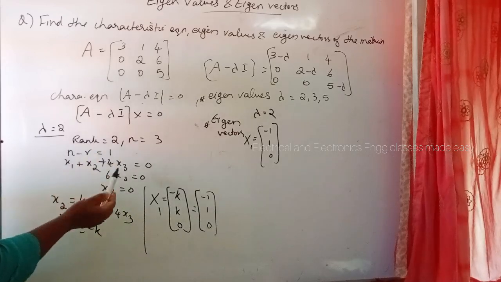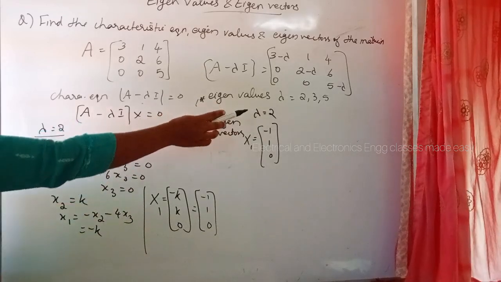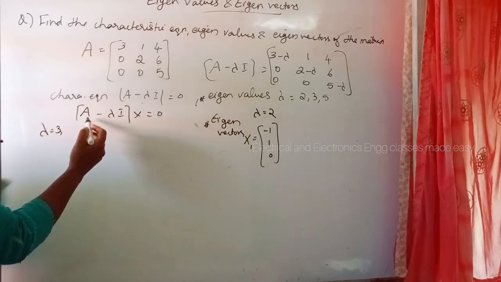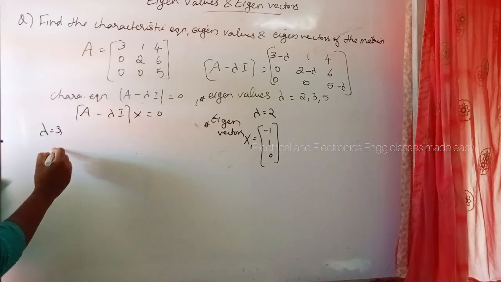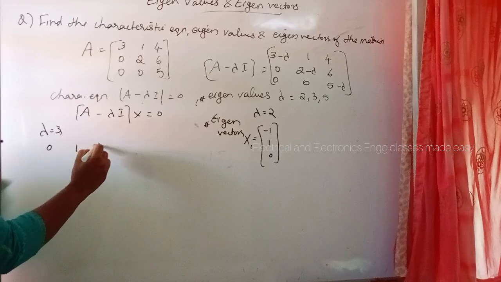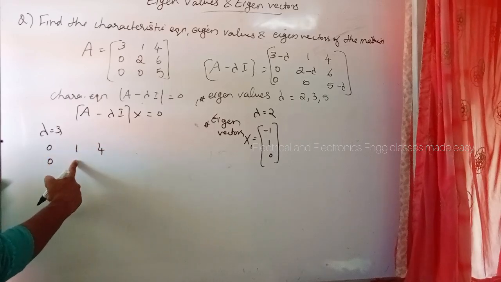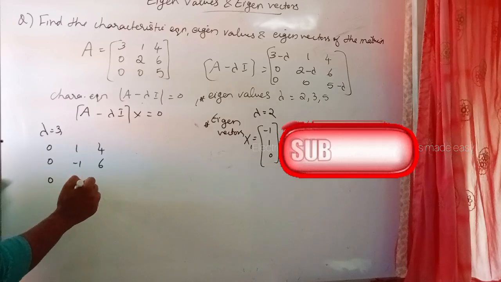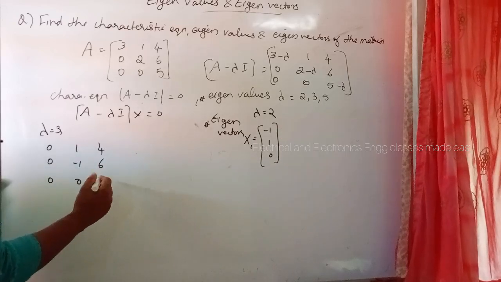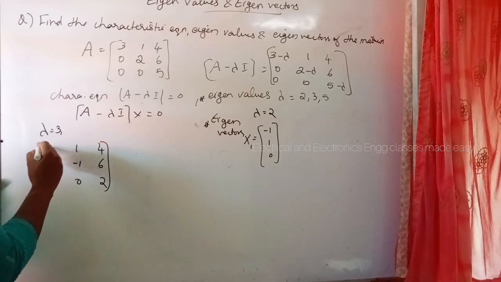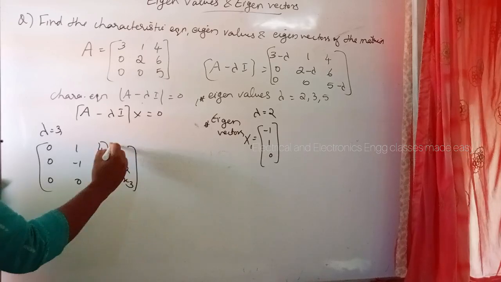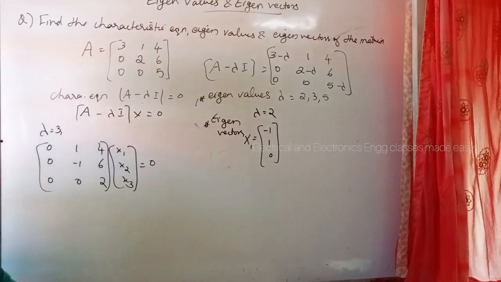Now we can find the eigenvector corresponding to lambda equal to 3. So when lambda is equal to 3, we will get 3 minus 3 is 0, then 1, 4, 0, 2 minus 3 is minus 1, 6, 0, 0, then 5 minus 3, that is 2, into x1, x2, x3 equal to 0.